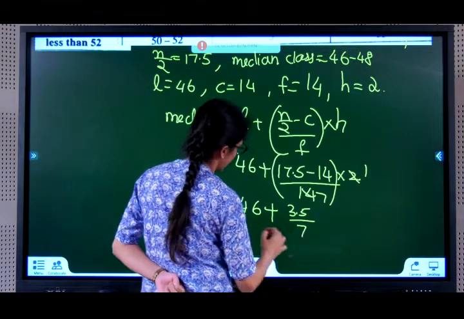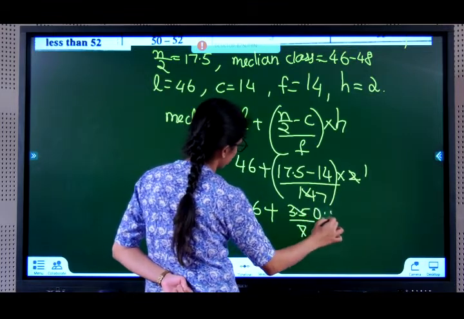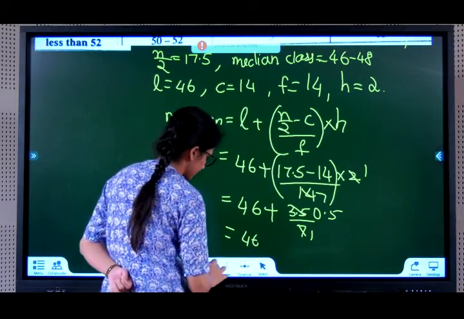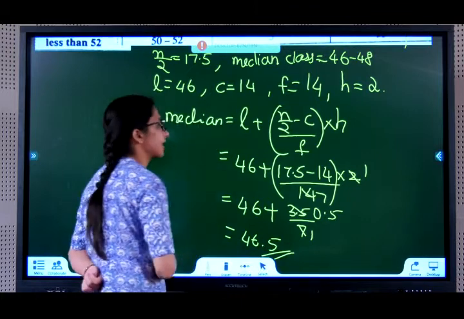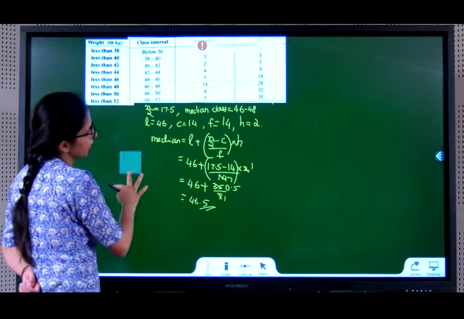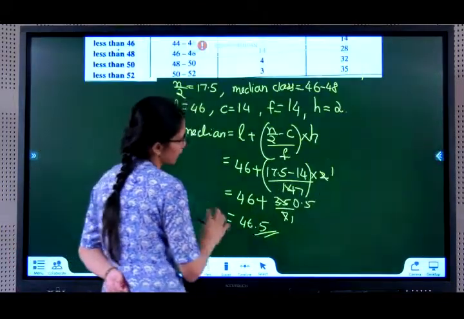So this is 7 sevens are 49, 7 ones are 0.5. 46 plus 0.5, 46.5. So we got the same median there as well. What will be the unit? Whatever is the class, so kg. So this will also be kg.